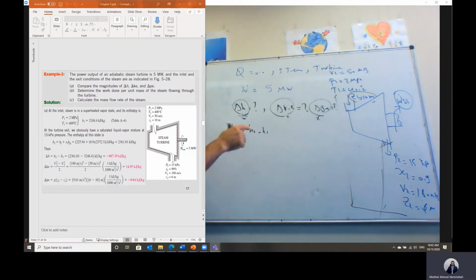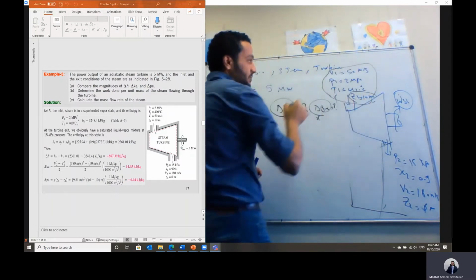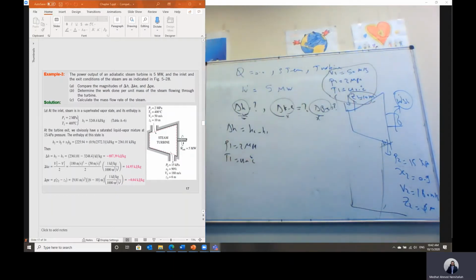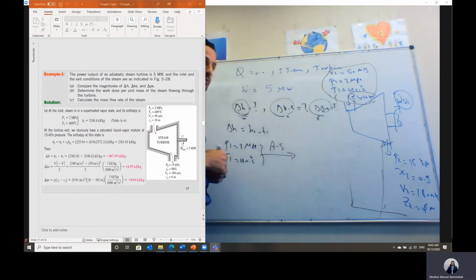At point 1, P1 is equal to 2 megapascal, and the temperature T1 is equal to 400 degrees C. Usually the steam at the inlet of the turbine is superheated steam, but we have to check. So in this case, we have pressure and temperature. I prefer to go to table A5 with this pressure.